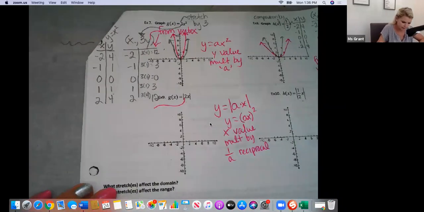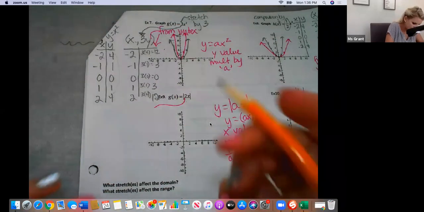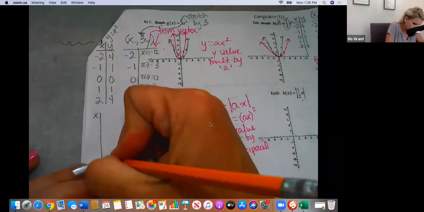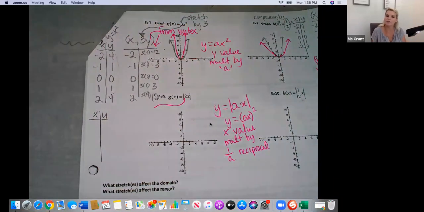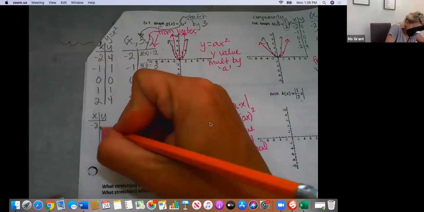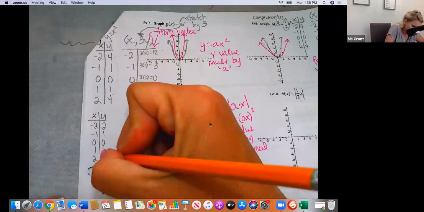So stay with me, guys. Let me show them. If this is my standard table of values for absolute value, ready? -2, 2, -1, 1, 0, 0, 1, 1, 2, 2.